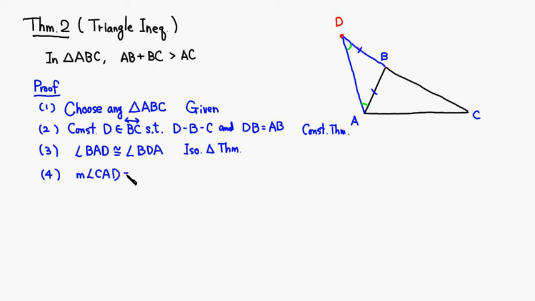This is equal to the sum of the measure of the angle CAB and the measure of the angle BAD.